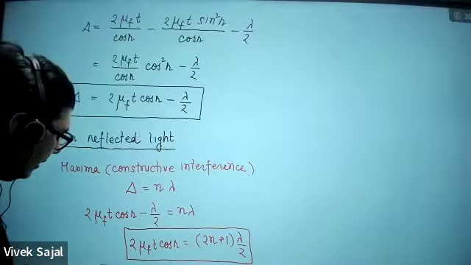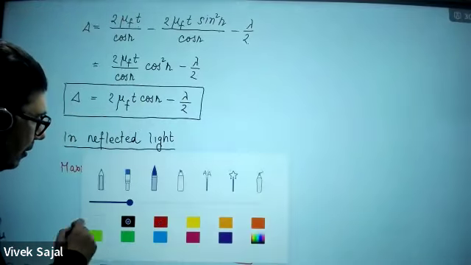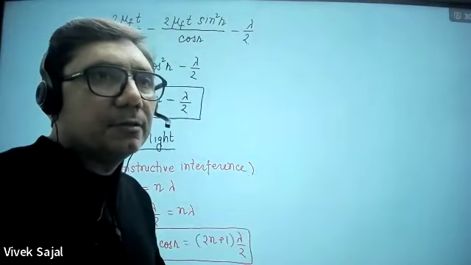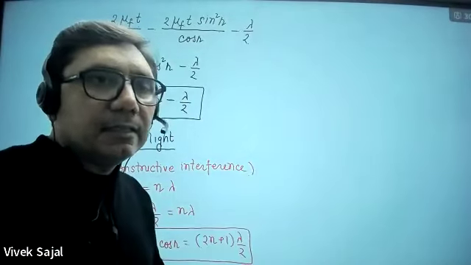What is the condition of minimas? Particularly those wavelengths whose colors will not be observed in the reflected light are forming minimas in the reflected light. So for minimas, destructive interference, what will be the condition?